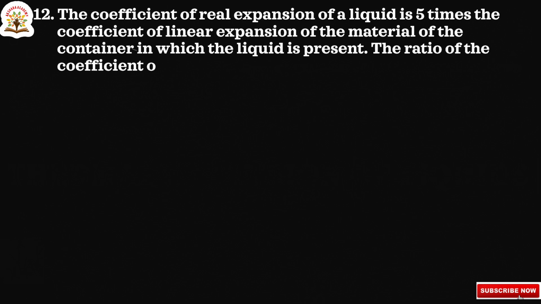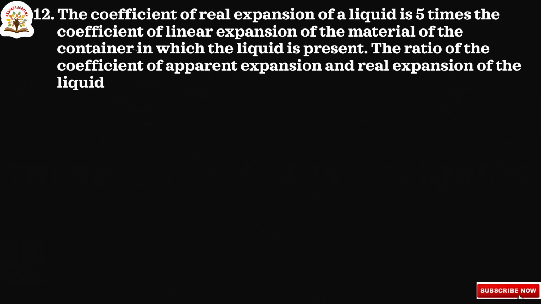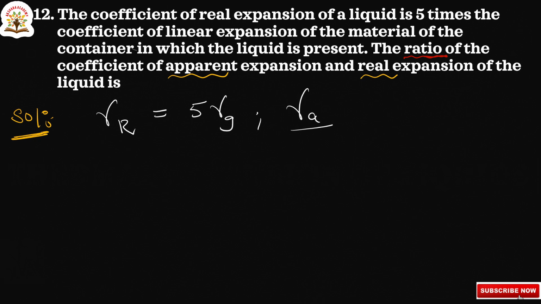The ratio of the coefficient of apparent expansion and real expansion of the liquid is, here in this question we have to calculate the ratio of apparent expansion and real expansion, that is gamma A by gamma R. Now let us go to the solution. Here given gamma R is equal to 5 gamma G, and we have to calculate gamma A by gamma R.